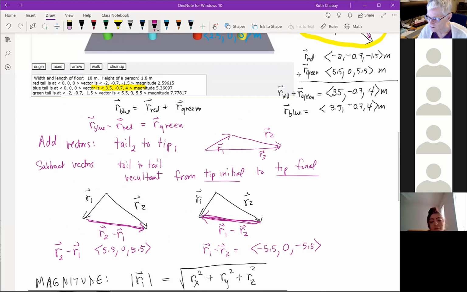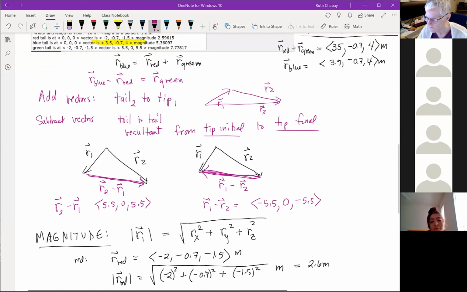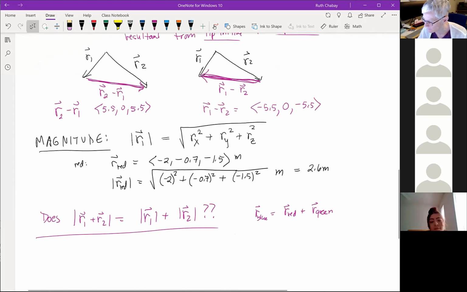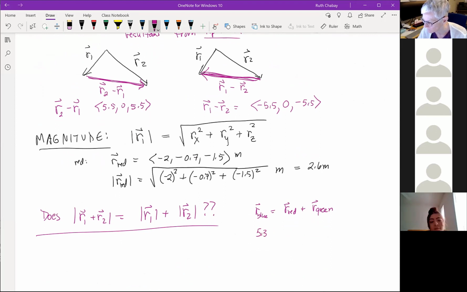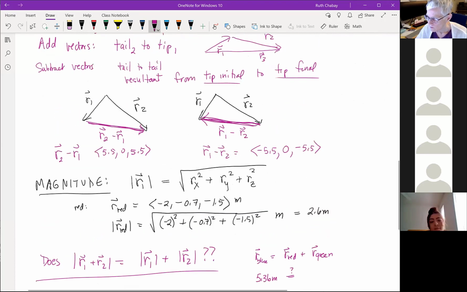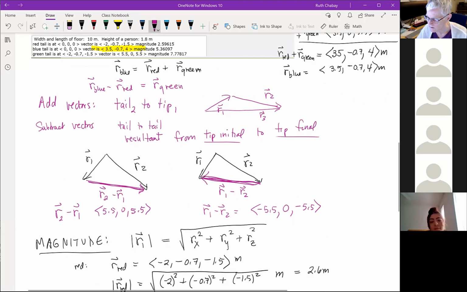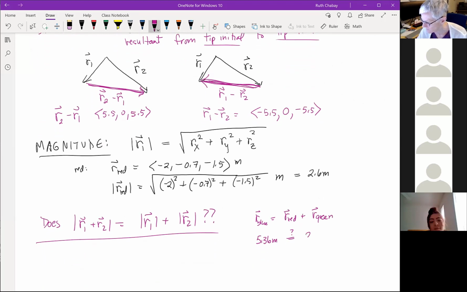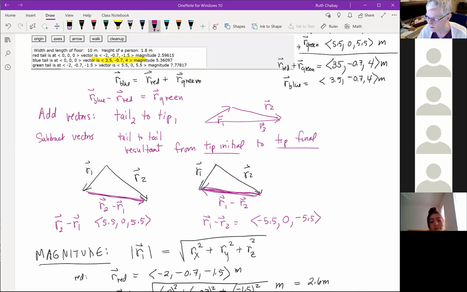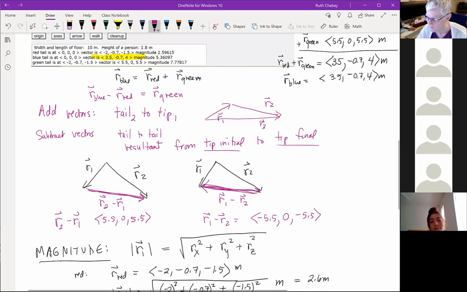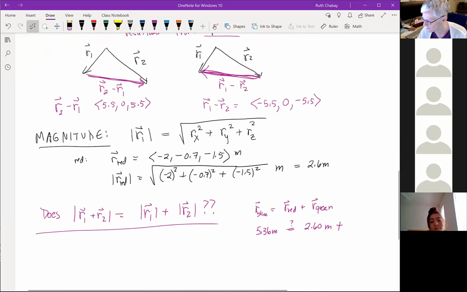The magnitude of the blue vector was 5.36 meters. The magnitude of the red vector was 2.60. And the magnitude of the green vector was 7.78.